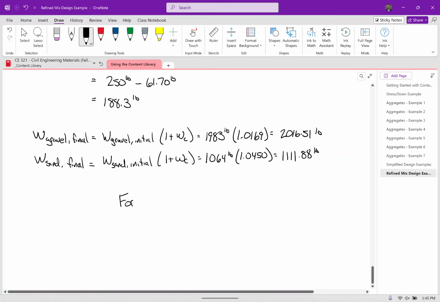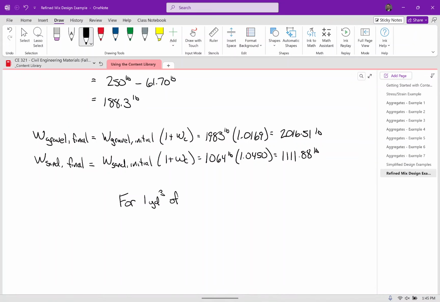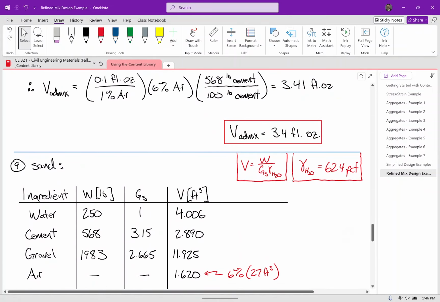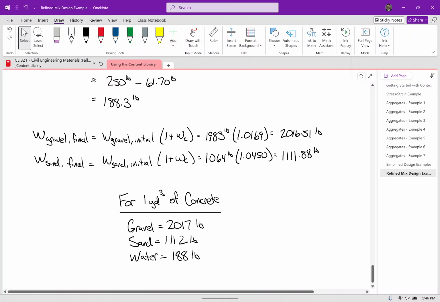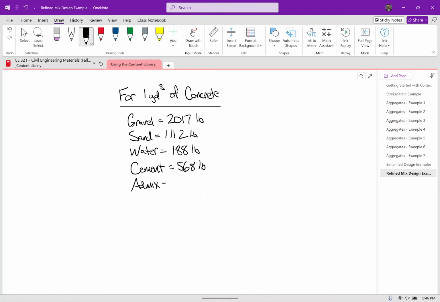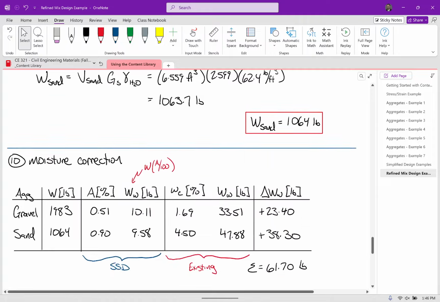Therefore, and then our cement was 568 and our admixture was, what was it, 3.4.